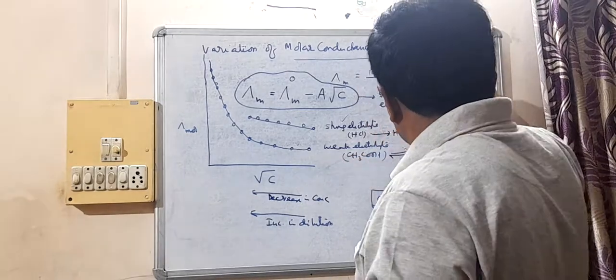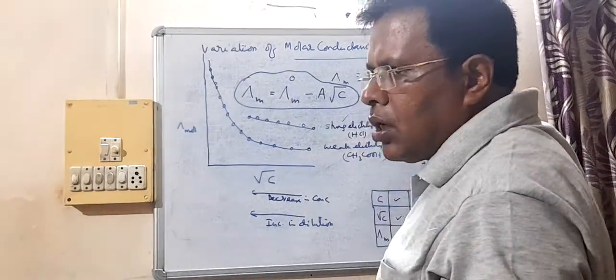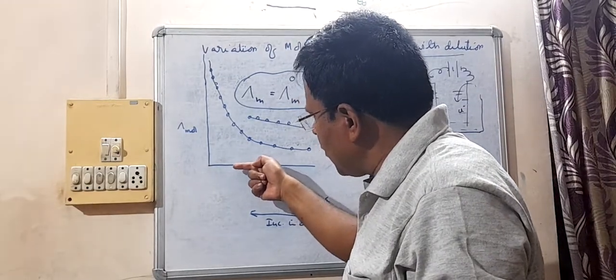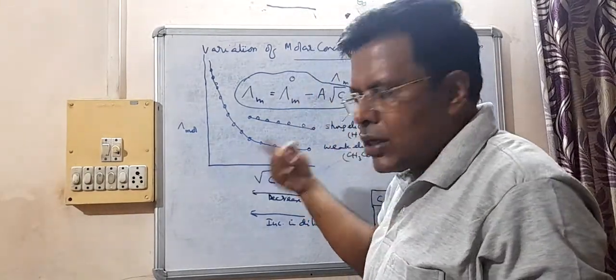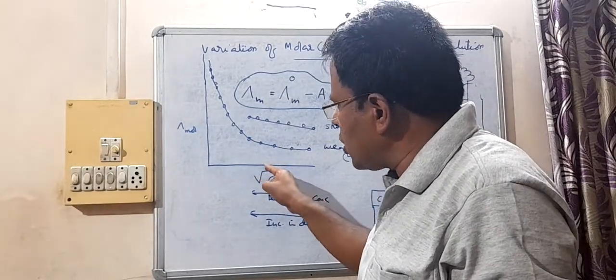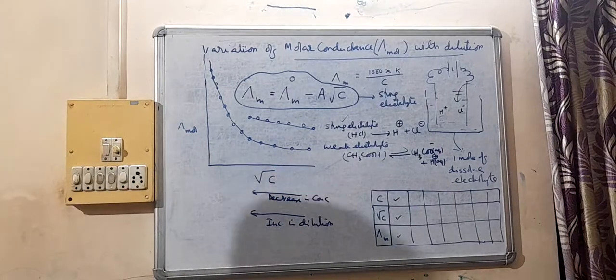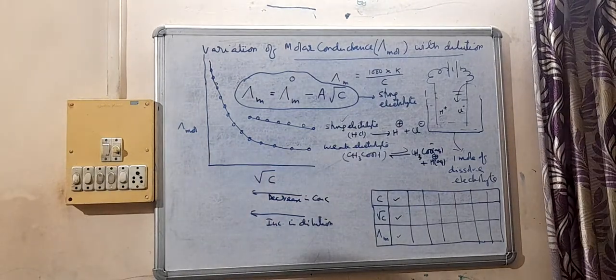As we are adding water, dilution increases, concentration decreases, and infinite dilution actually means when concentration tends to zero.